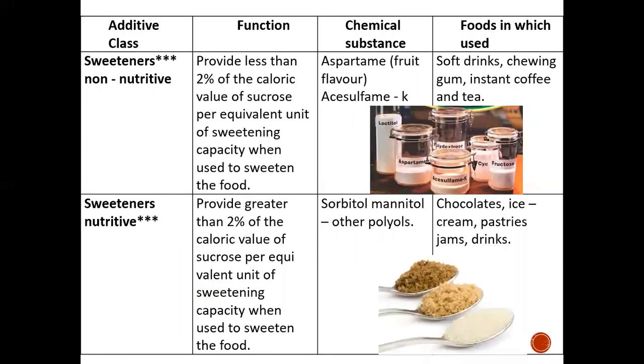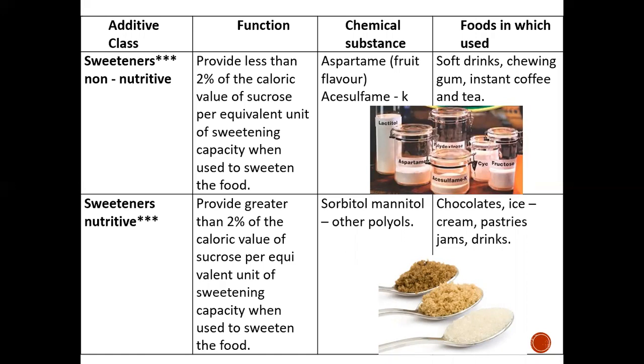Then sweeteners. Sweeteners are another group of additives where you increase the sweetness of a product without increasing the calories. This is especially good for diabetic patients, because in diabetes the problem is not the sweet taste, but the carbohydrate or caloric content, the glucose. So the sweet taste itself is not a villain.